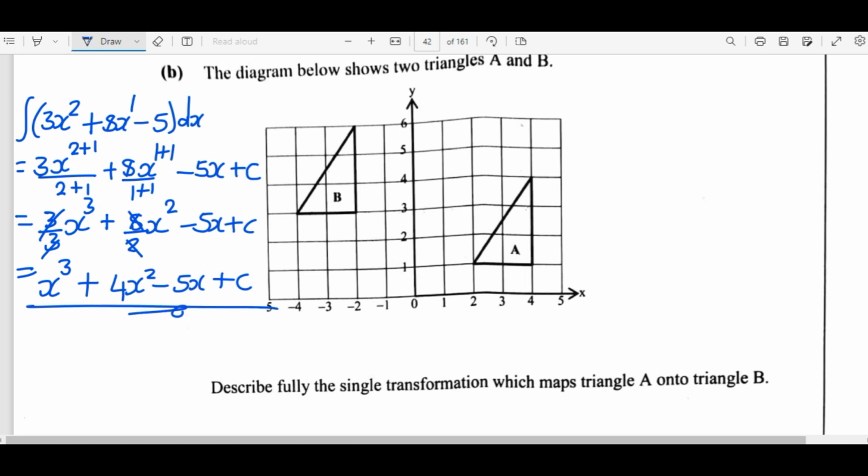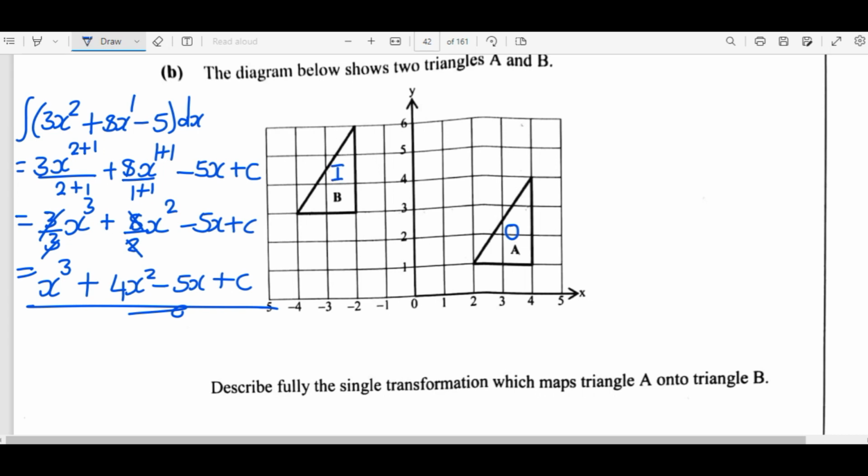Now we move on to question b. The diagram below shows two triangles A and B. Describe fully the single transformation which maps triangle A onto triangle B. Since the mapping is done on triangle A, giving us triangle B, A is our object and B is our image.